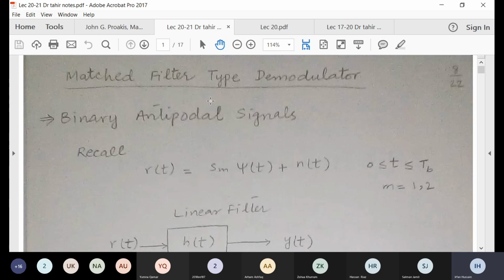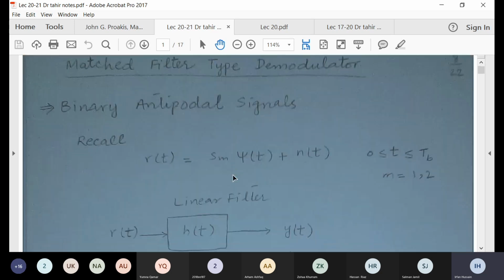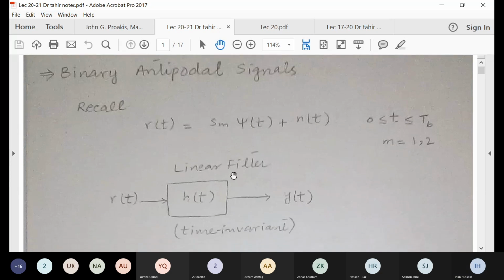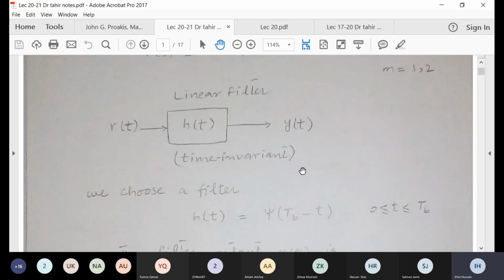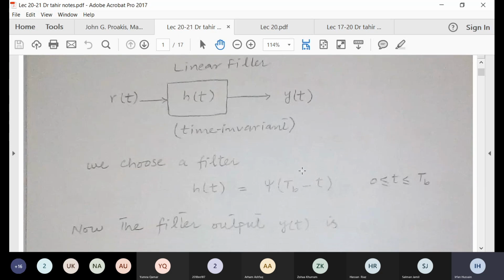We discussed the matched filter for antipodal signals, where you had one basis function. In a matched filter, you have a signal, it goes to an LTI filter, and you get the output which is sampled. That will be the output of the detector.